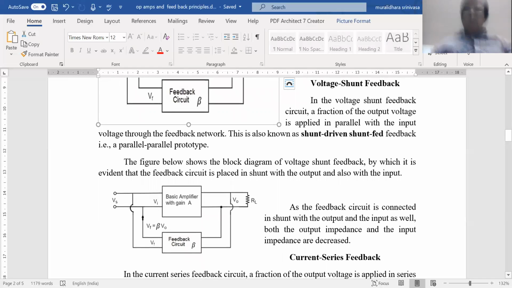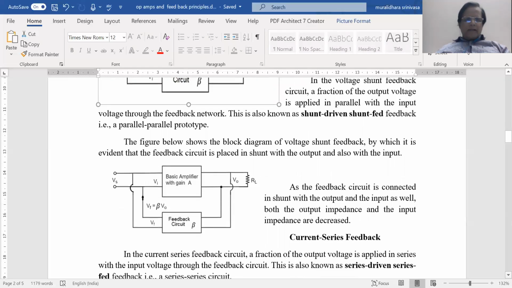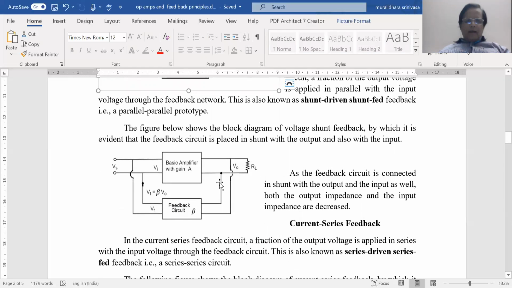This is called shunt driven, shunt fed feedback, that is, parallel prototype. See here the second circuit. As you can see here, output is taken in parallel. This is your feedback circuit. I have fed the feedback fraction also in parallel to the input. These are the input terminals. See, one goes to the negative, one goes to the positive. Therefore, this is a shunt feedback.